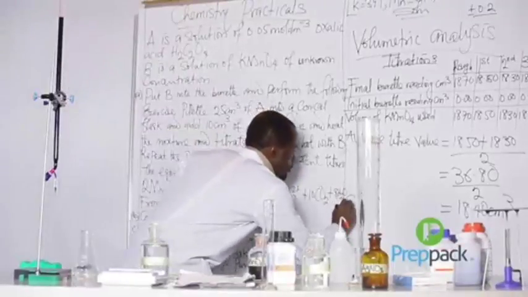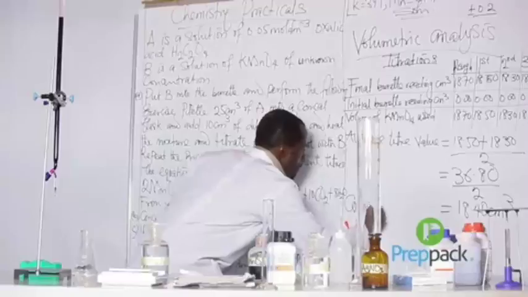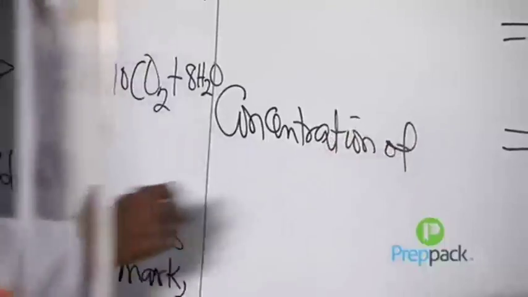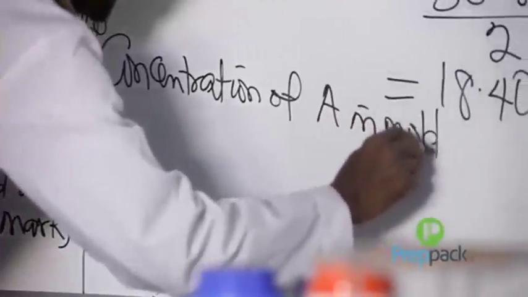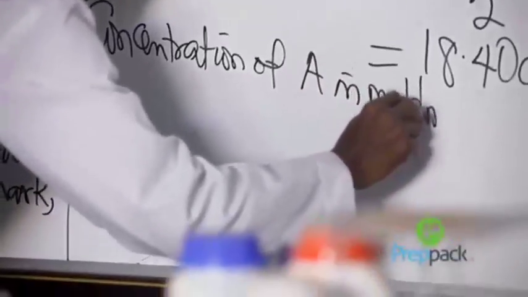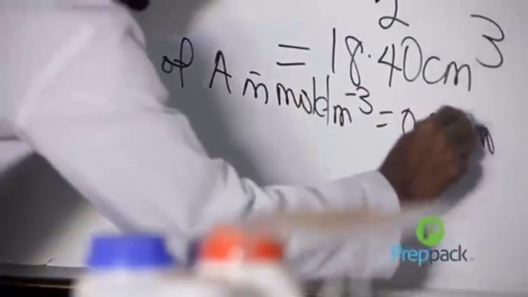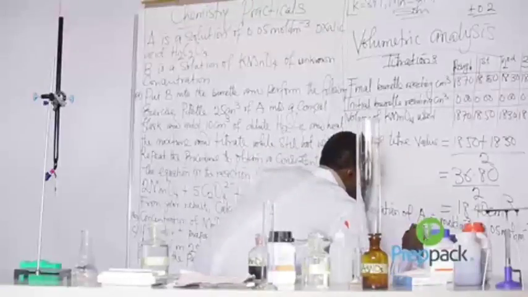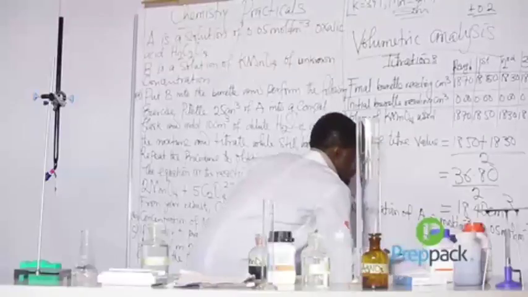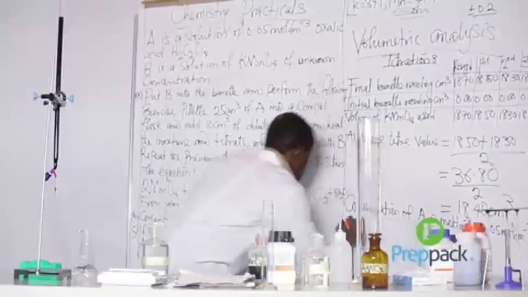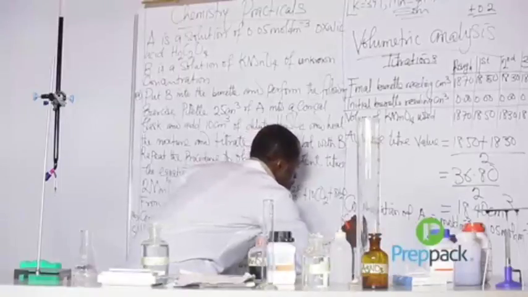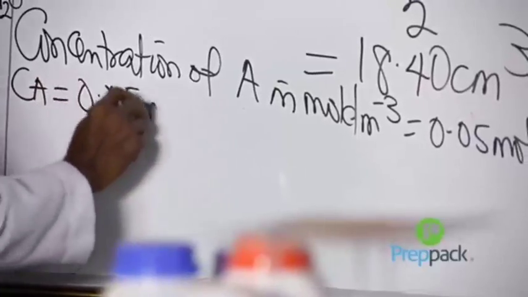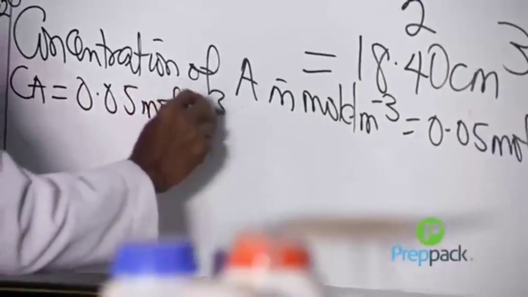So concentration of A in mole per dm cube is 0.05 mole per dm cube. So we call this our CA. So our CA equal to 0.05 mole per dm cube.